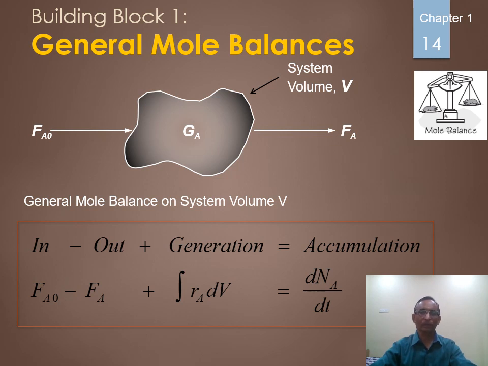In the PFR, you have two types: plug flow reactors and catalytic reactors. So you get this equation as input minus output plus generation is equal to accumulation. If you remember this equation, there is no need to mug up any step after it. You only have to remember how to solve it with the help of some assumptions.